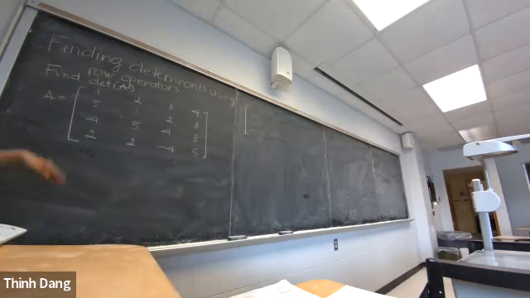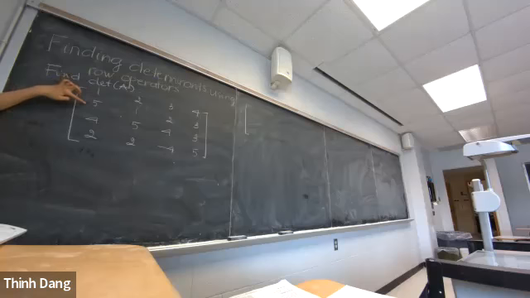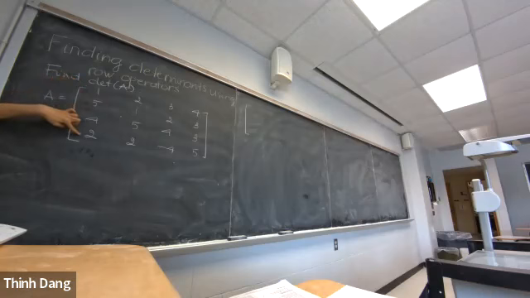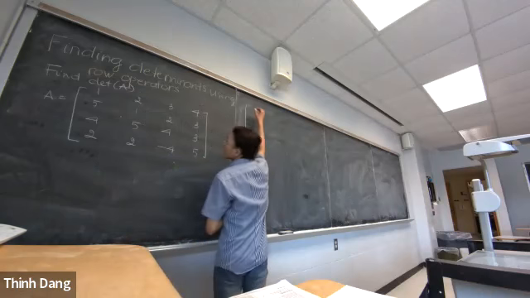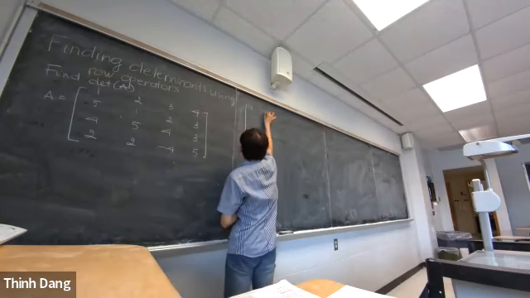I am going to make the leading entries in the second, third, and fourth rows zero. To make this zero, I'm going to multiply the first row by -5 and add that to the second row. Similarly, multiply the first row by -4 and add that to the third row, and finally multiply the first row by -2 and add that to the final row. Okay, so we should have a new matrix.